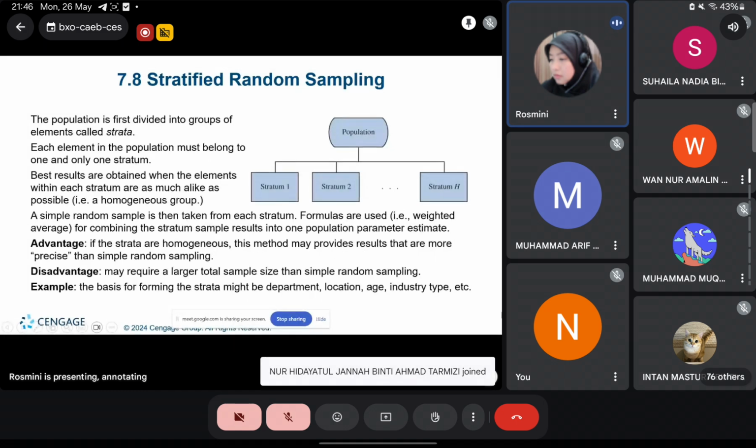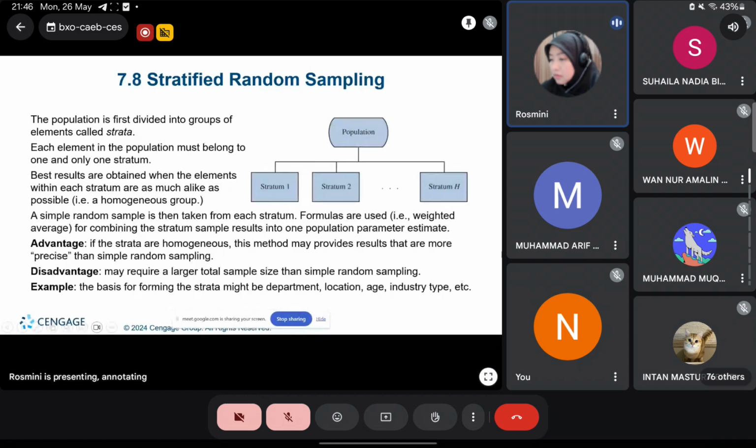What does homogeneous mean? It means you separate your population according to groups.